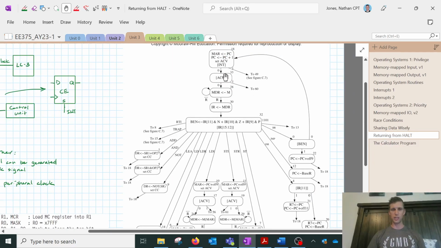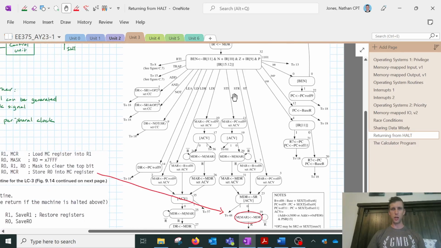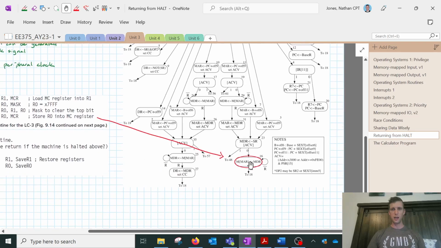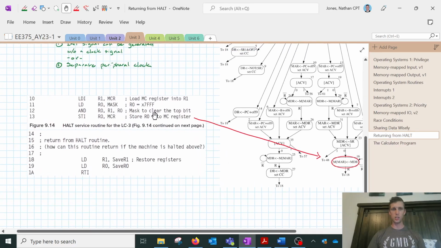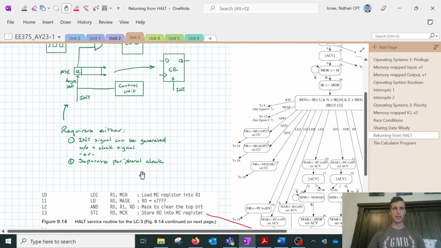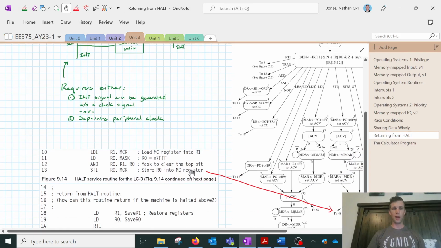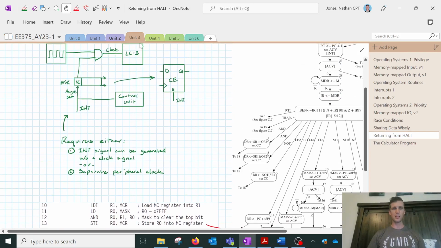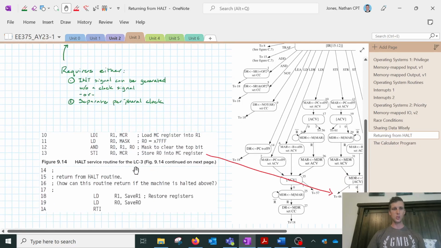We'll take a look. This is the flow chart for our processor, which we'll look at in the next unit. But as we're processing this store indirect, right at that moment where we load that register with R0 to clear the clock enable, is the moment when the clock to the processor is turned off.